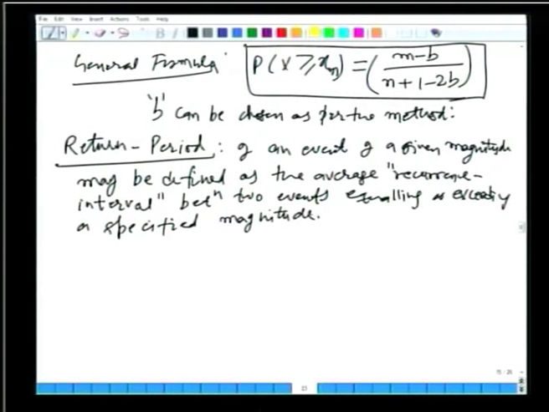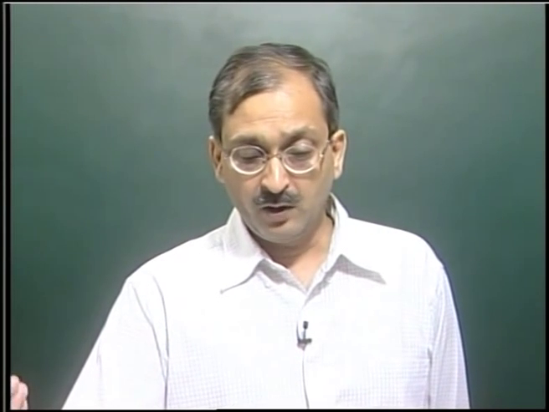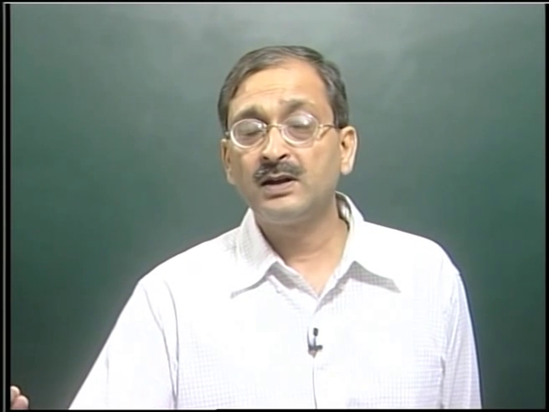So, a return period is basically the inter-arrival time, on an average over a very large period, between two events. On an average, what is the time interval elapsed or the recurrence interval between two events of a magnitude which will be equaled or exceeded once in every, let us say, T years, and this T is called the return period.